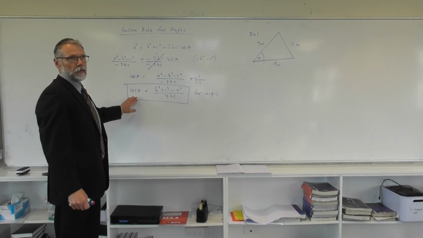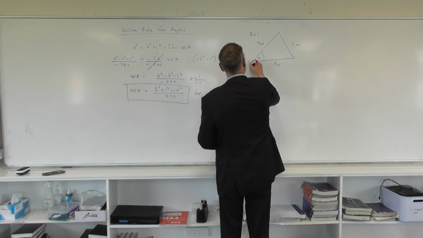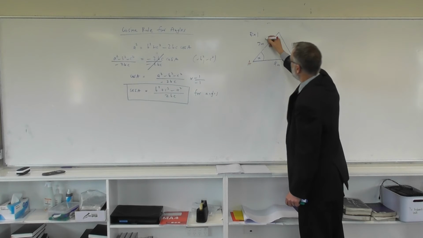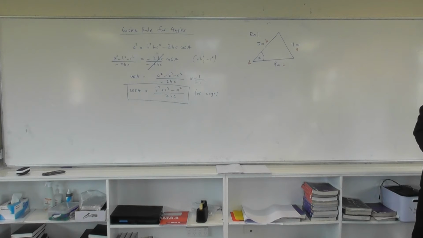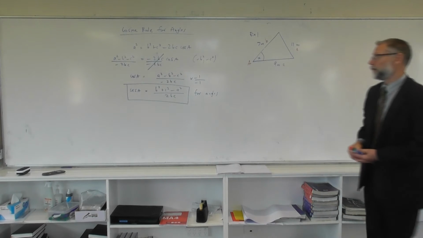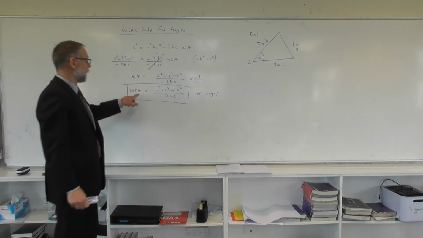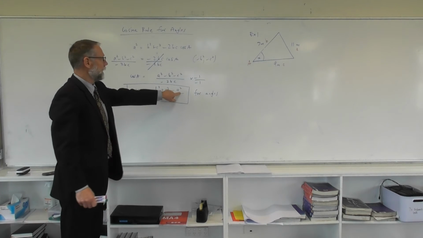Yeah, we can, can't we? Because the thing we're trying to find, I'm going to make that capital A, and this is B and C there. And again, it doesn't matter which way around we get B and C, both of them will work out. I think that works because all of the parts of our equation are there. That's what I'm trying to find, and then have I got B, C, and A?